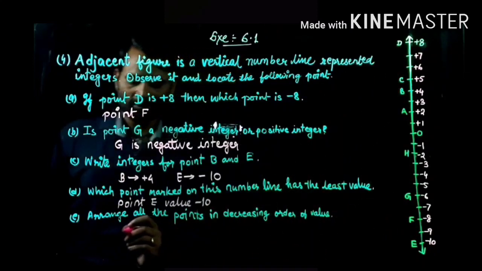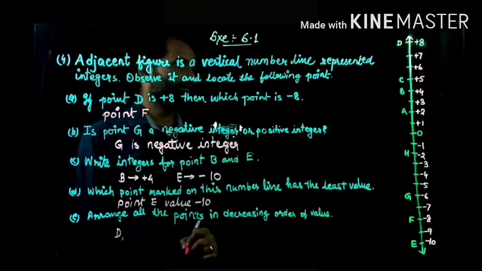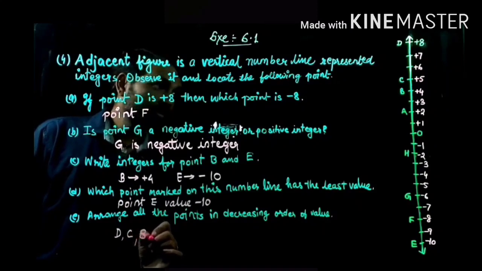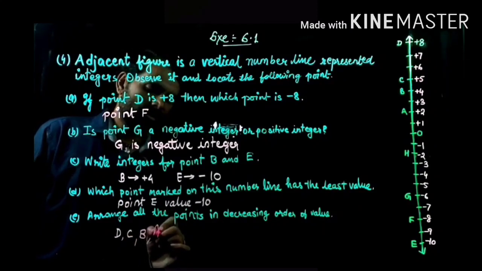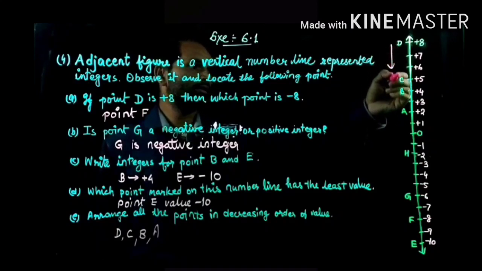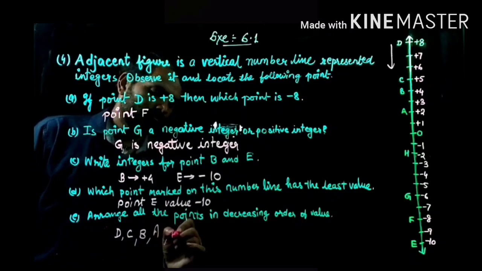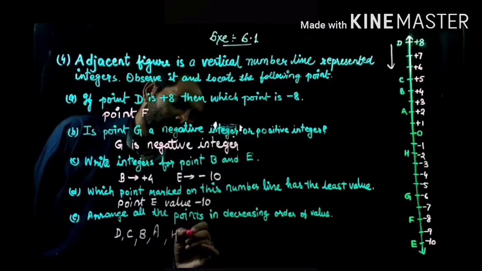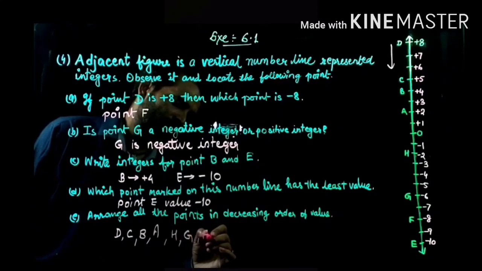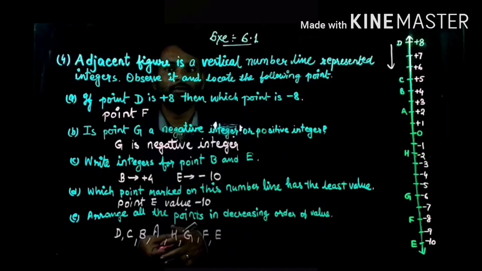So first point is D. Second point is a C. Third point is a B. Next is a A. This is the sign of decreasing, D, C, B, A. Okay, and H. Next is a G, and next F, and last point of the minus 10 is a value is E.